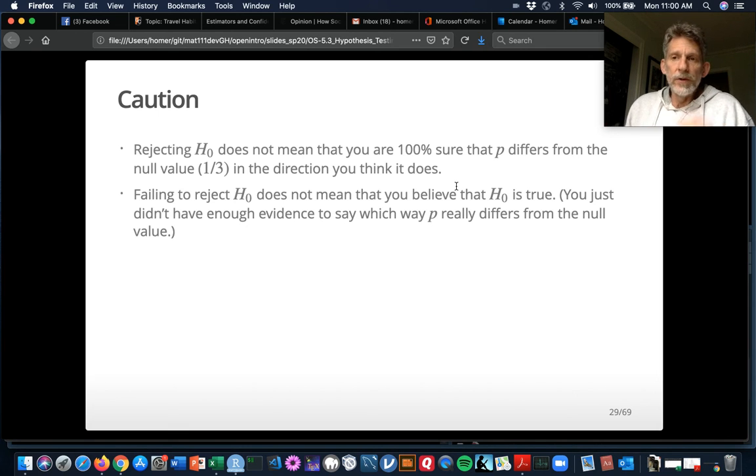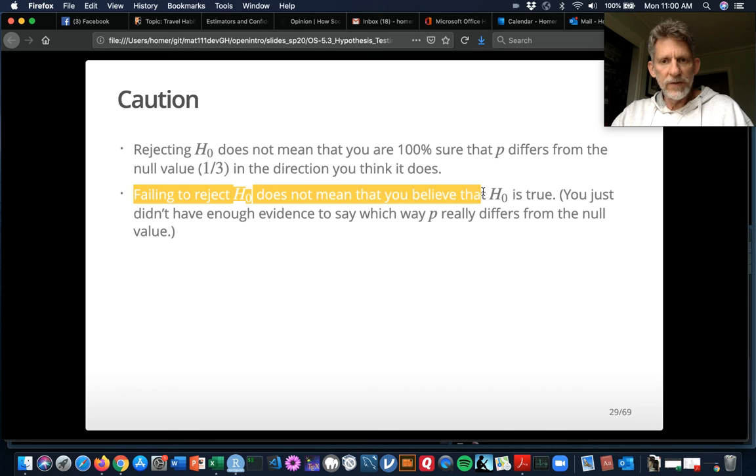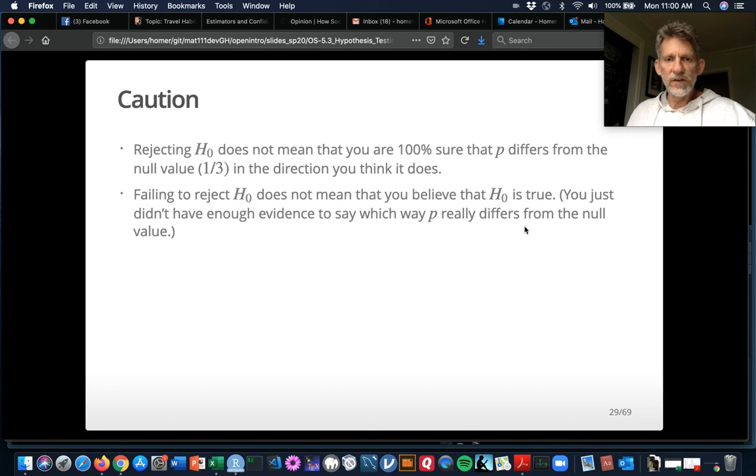So it's always possible that you got some really unusual sample. Also, remember that failing to reject the null hypothesis does not mean that you have to believe that the null hypothesis is true. It's just that your data didn't have enough evidence to say in which way the population parameter really differs from the null value. You might not believe, based on common sense, that the real parameter is exactly what the null says it is, but when you fail to reject the null, you're just admitting that that particular value is one of the reasonable values that p could be.